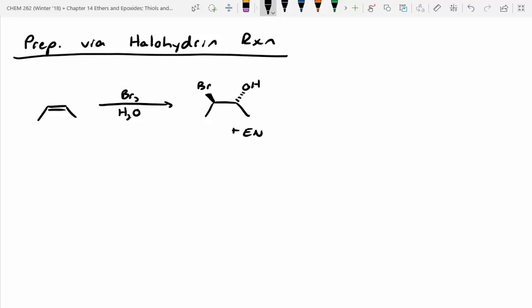But what was found is if you treat this with sodium hydroxide, I'll just show hydroxide here, you can do acid-base chemistry. So let me actually show this bond. If you do acid-base chemistry, you can quickly steal this proton.